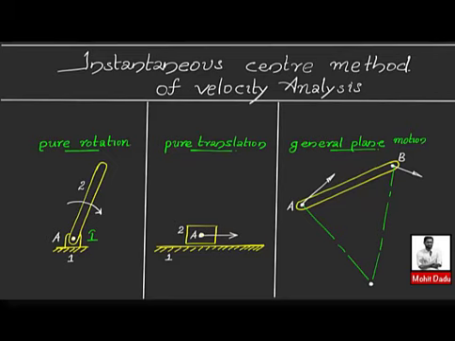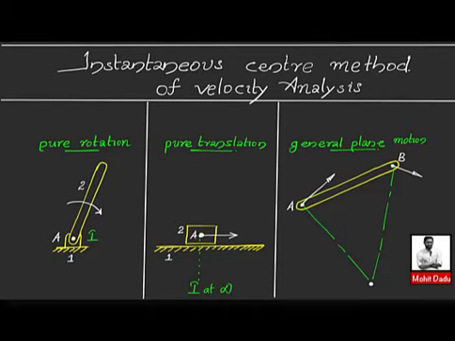So in a similar way, you can assume that the radius of curvature is infinity, or the center of curvature lies at infinity. So the instantaneous center for this motion will be at infinity.